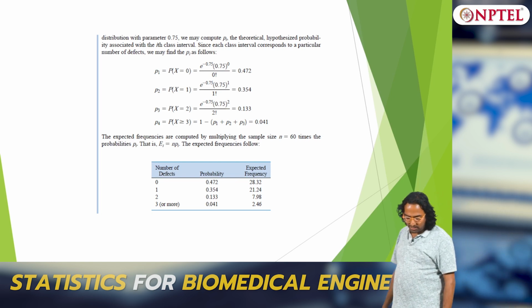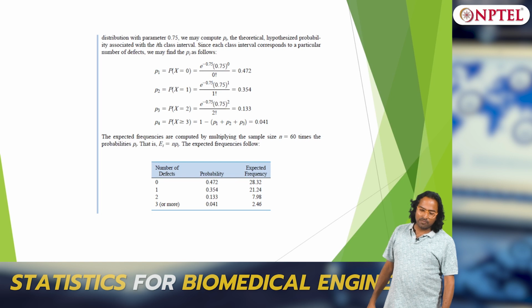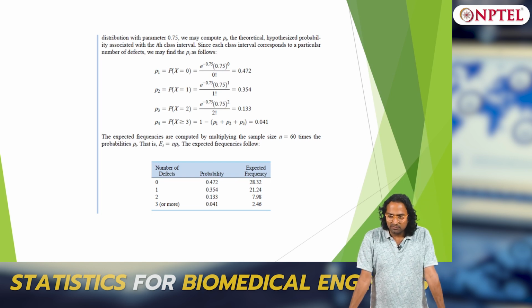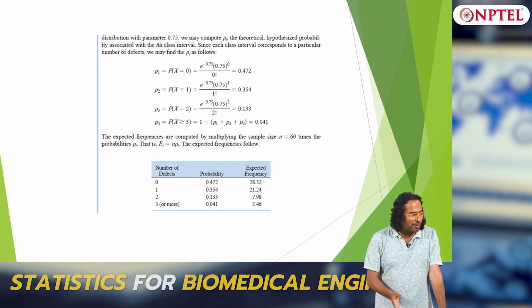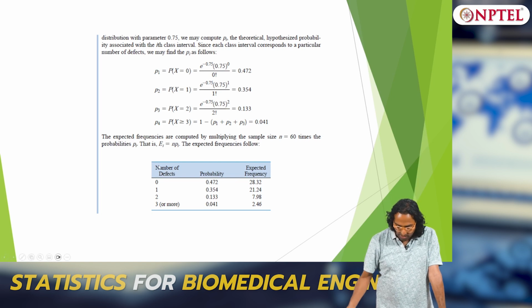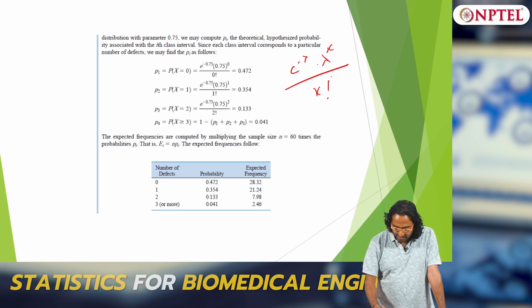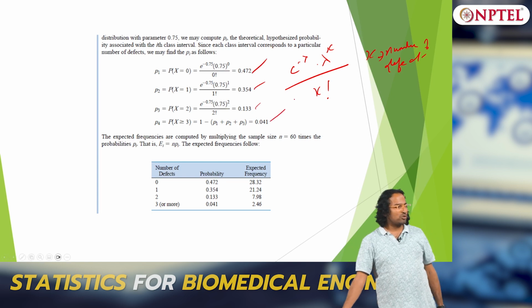If the underlying probability distribution is Poisson, what is the probability of getting zero defects? e to the power minus lambda into lambda to the power 0 by 0 factorial. The formula for Poisson distribution is e to the power minus lambda into lambda to the power x divided by x factorial, where x is the number of defects.